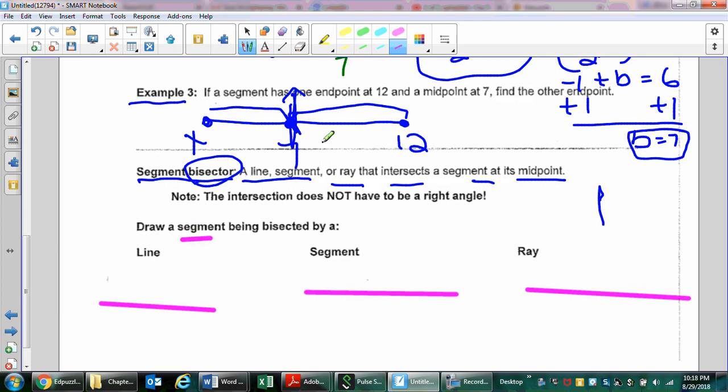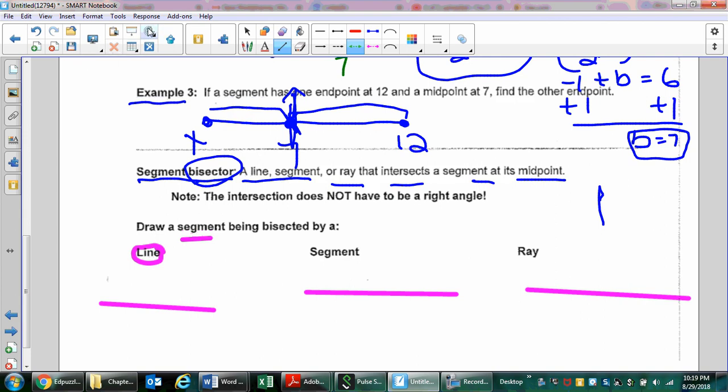Now I want to bisect the segment using a line, so I need two arrows. I'll use the green one. I want to bisect it, so I have to estimate which point is halfway. Maybe using a ruler helps.